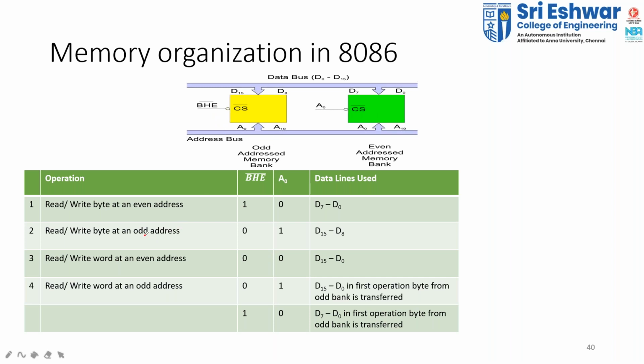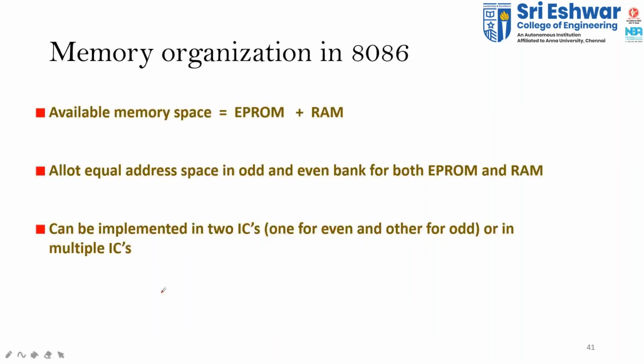When we have 0 at both the control signals, then we access both even and odd addresses. Next we have 0 and 1 for the odd address. Likewise, different operations can be performed with the help of BHE bar and A0.